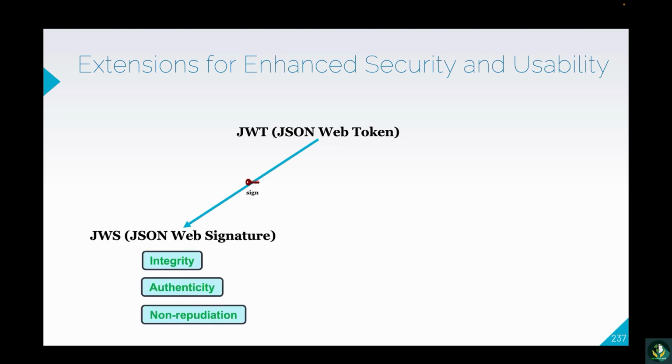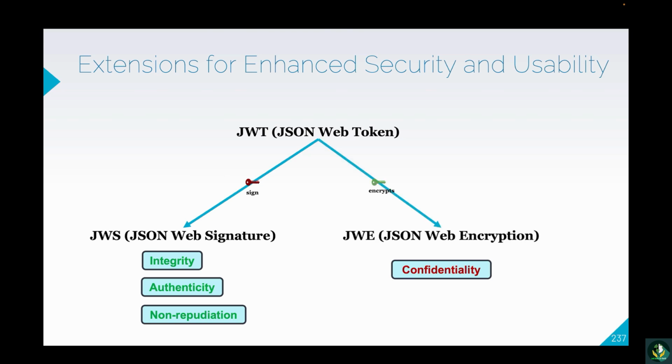In cases where asymmetric signing is used, JWS also offers non-repudiation. This means that the party who signs the token cannot later deny their involvement, because only the private key held by the original signer could have generated the signature, which can be verified with the public key. However, when confidentiality is required, meaning we want to protect sensitive information within the token from unauthorized access, JWE, JSON Web Encryption, comes into play.